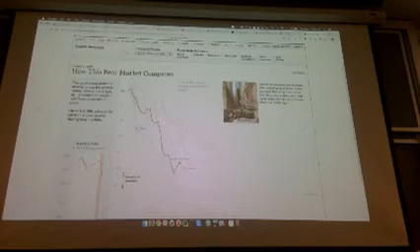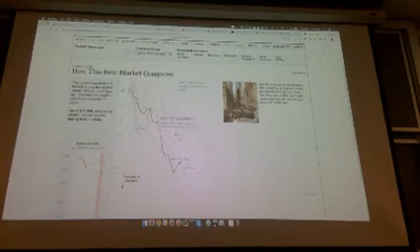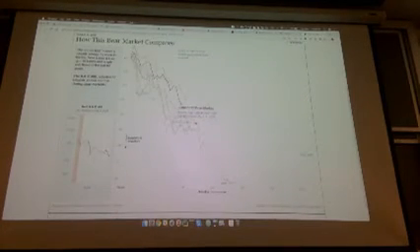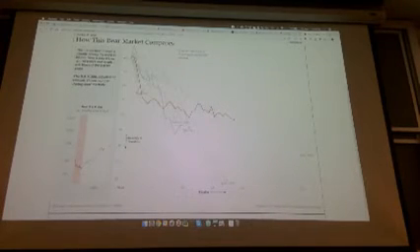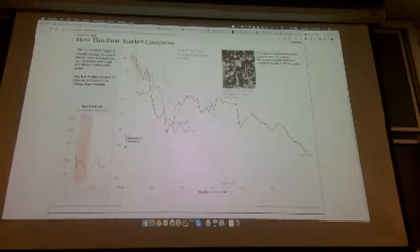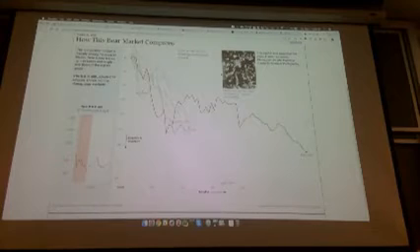But in this case, this is about how this bear market compares. You can click on every one of those lines and you will get a little story about that. There's some context, and so it's completely up to you to explore that.